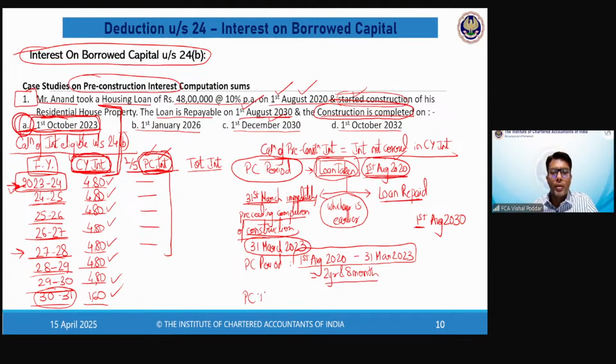Now I can find out the pre-construction interest. So the interest of 2 years plus 8 months. My 1 year interest is 480, into 2 years, correct? So this is 2 years interest, plus the interest of 8 months is 3,20,000. So my total pre-construction interest is 1280. Please confirm.